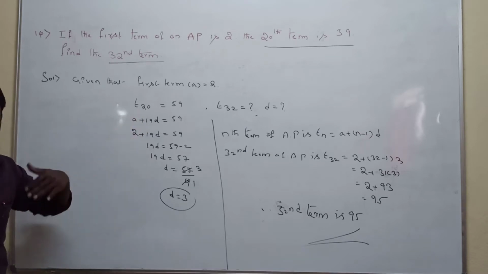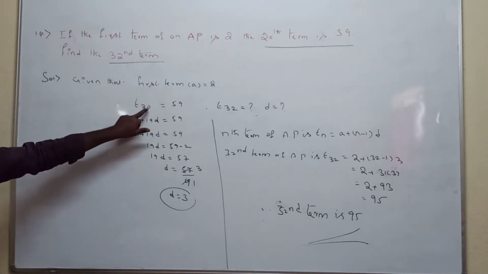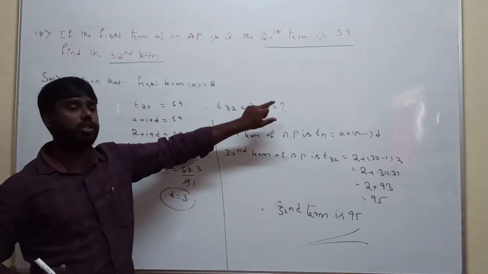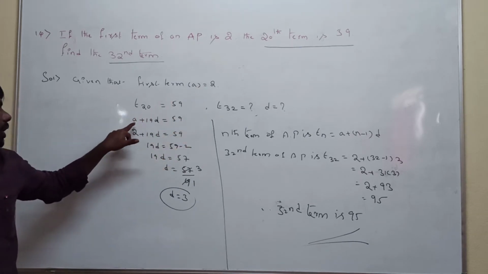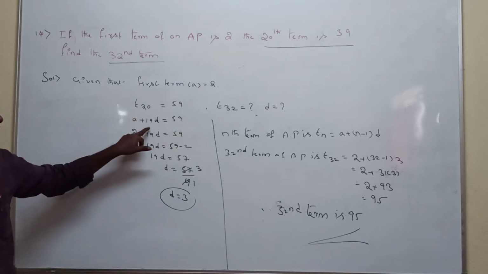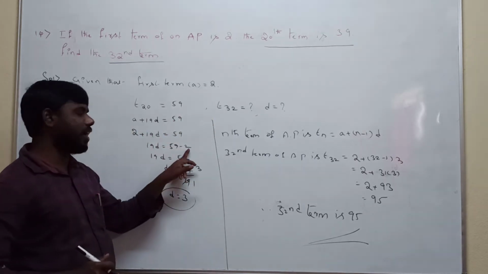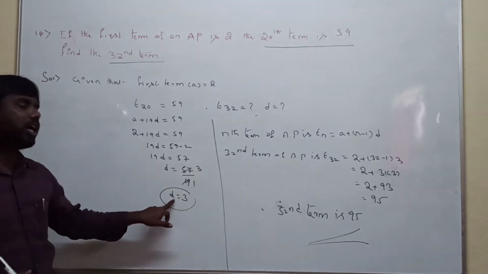N replaced by 20, a plus 20 minus 1 is 19d. You don't know the d value, so first of all you calculate the d value. Substitute a as 2: 2 plus 19d is equal to 59. Take 2 to the right hand side, 59 minus 2 is 57. 19 ones are 19, 19 threes are 57. Finally you got the d value is 3.